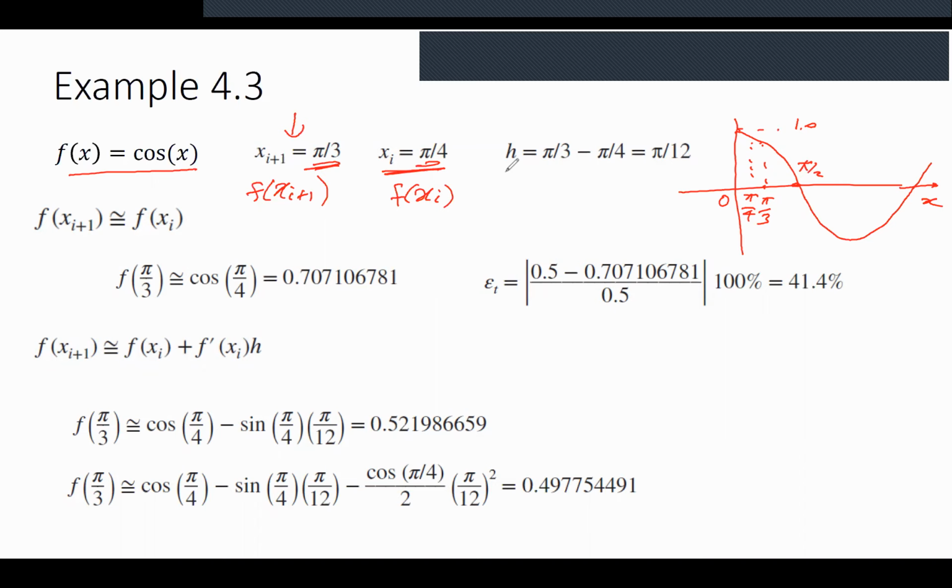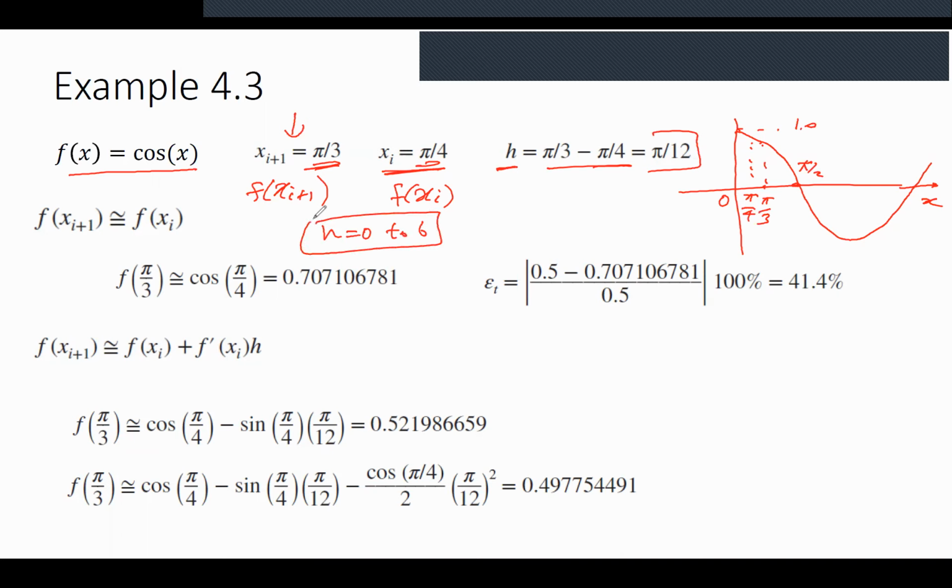There are two values here, so we can determine the step size as the difference, which is pi over 12. And we'd like to determine the Taylor series for n equals 0 to 6.